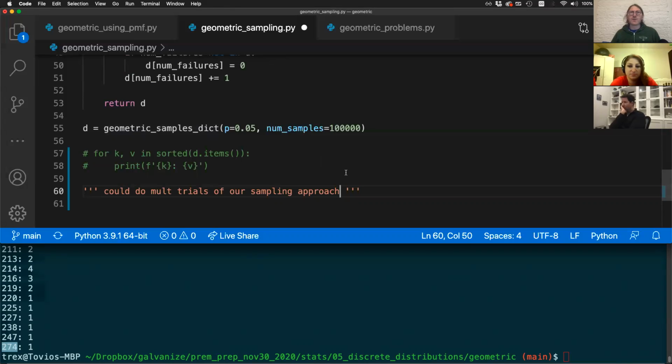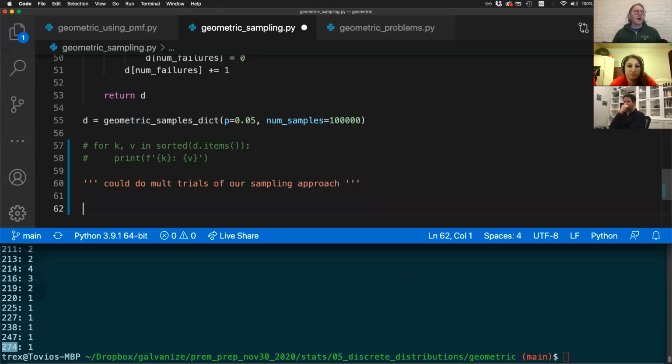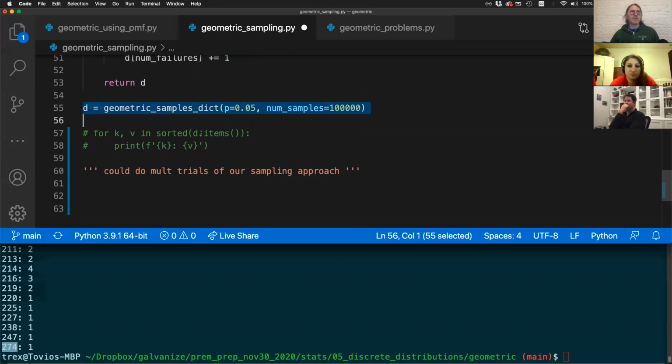Let's say we did 5,000 runs of this 100,000 samples, and then averaged the counts that resulted. We would fill in some of these gaps, and we would have somewhat more confidence in what we're observing. But let's just take what we have here and convert this to a probability dictionary. So I'm going to call this Geometric Samples Probability Dictionary.